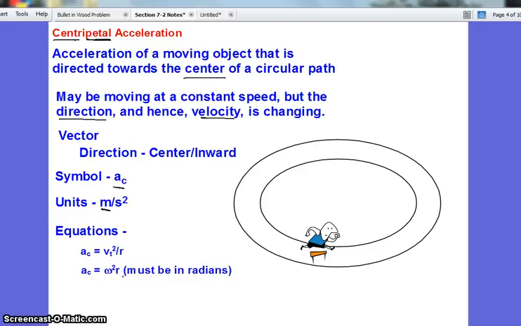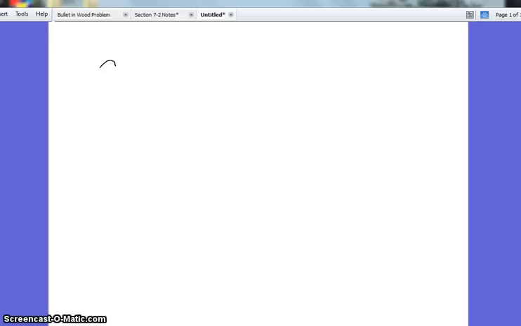And we can easily derive the second equation if we say, here's our equation for centripetal acceleration. However, we had talked that the tangential velocity is the radius times the angular velocity. That's how we get back and forth between angular and linear. We multiply or divide by the radius.